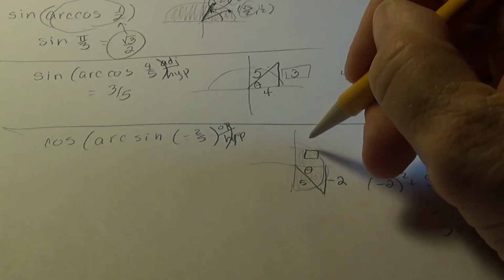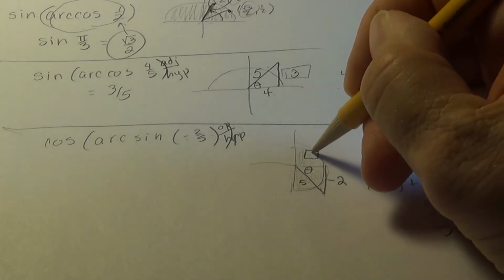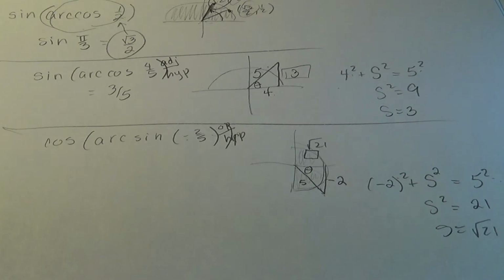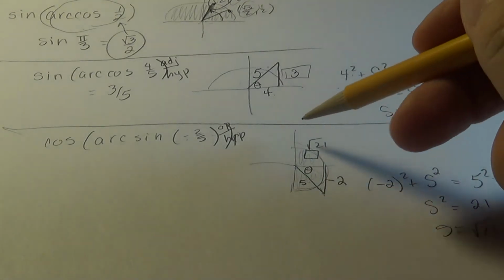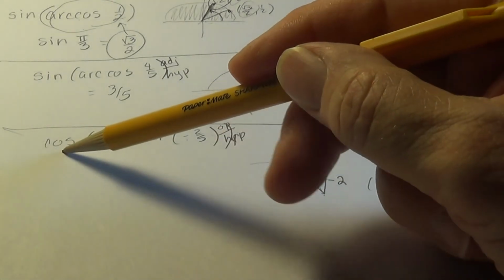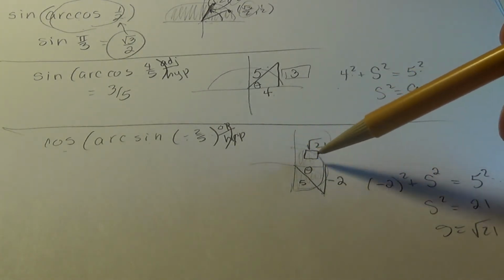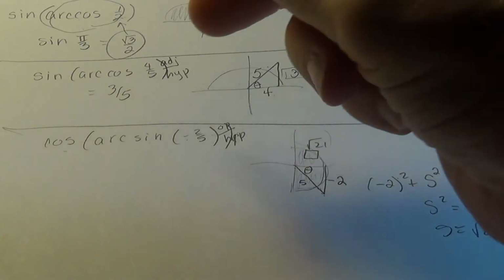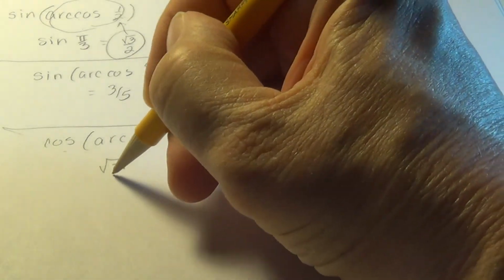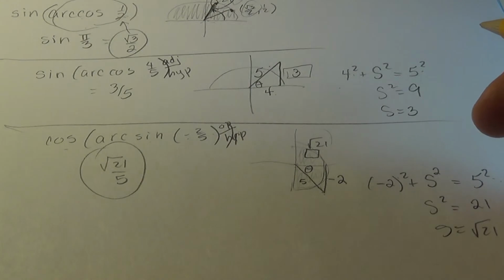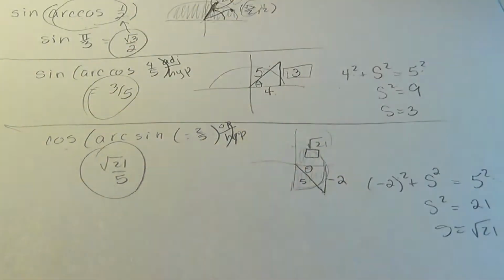That's life sometimes. Now I find the cosine of this angle: adjacent over hypotenuse, so I get the square root of 21 over 5. Did you beat me to it? I hope so.